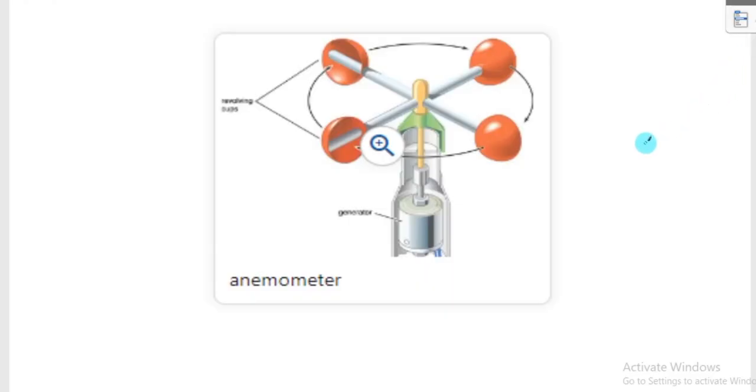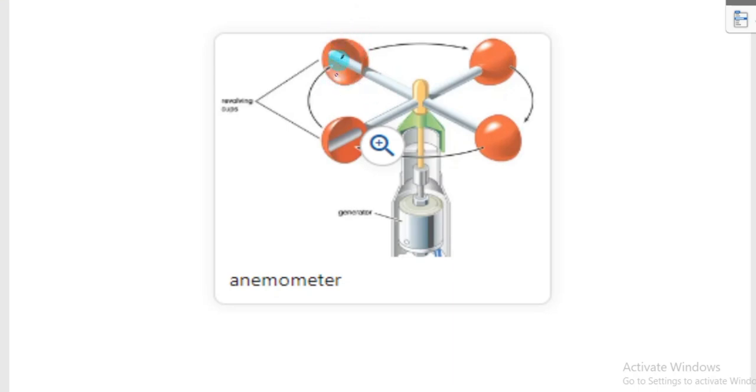Okay, students, this is an anemometer which is used to measure wind speed, and it has four shafts. These are the shafts of the anemometer, and at the end of these shafts, there are cup-shaped objects.